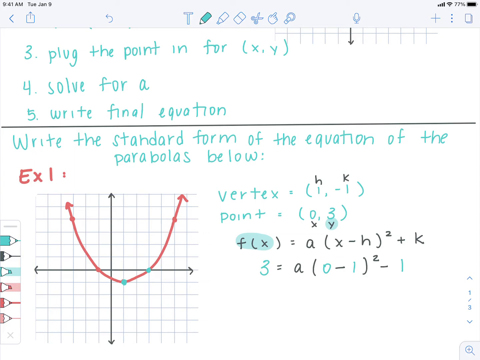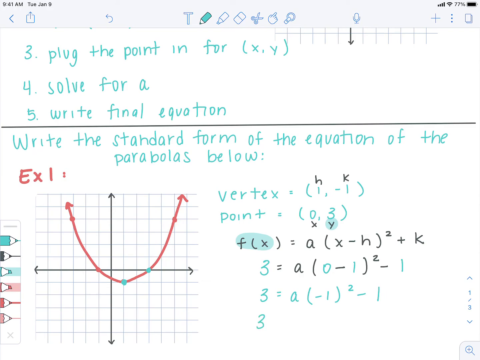Are you okay with how I plugged the numbers in? Yeah. Okay, so now all I have to do from here is solve for a. I'm going to bust out my PEMDAS, my order of operations. So I've got 3 equals a times (0 minus 1), which gives me negative 1, squared, minus 1, because I've always got to do parentheses first. Now I'm going to do my exponents.